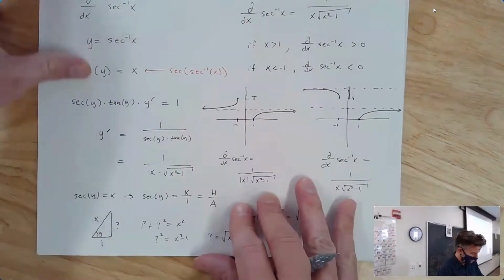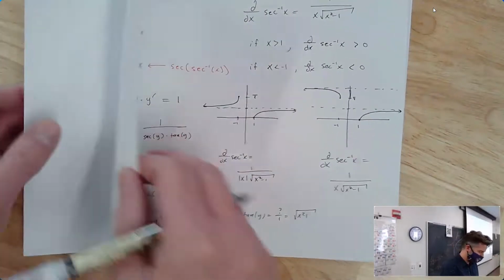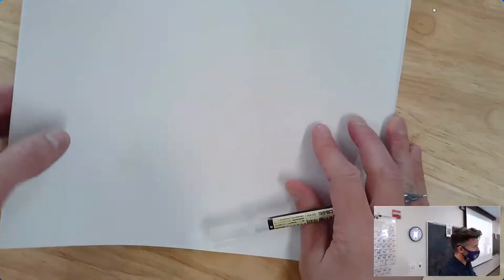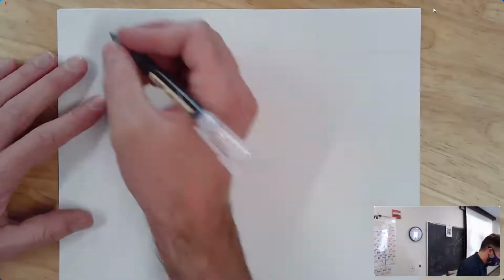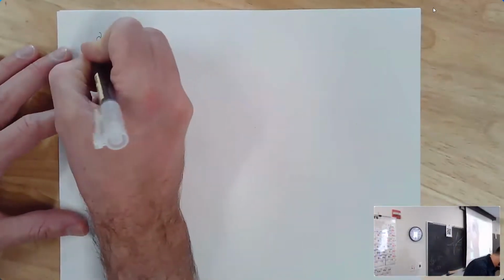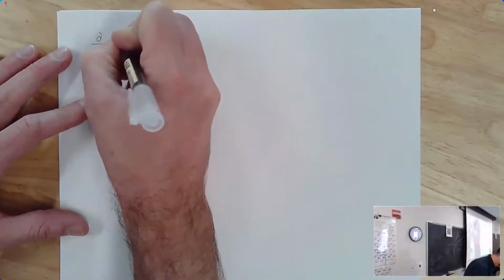And then I'm going to make a couple observations for you all that hopefully you'll remember when you get to trig substitution in 21B. So here are our 6 inverse trig derivatives. Here are the 3 you actually need to know.